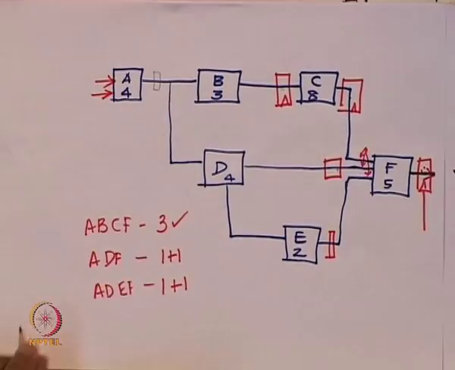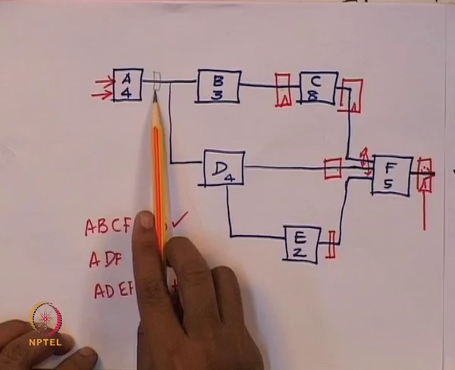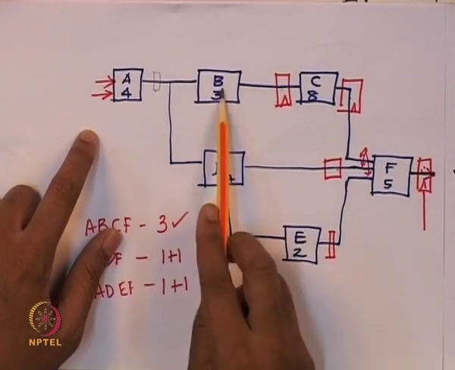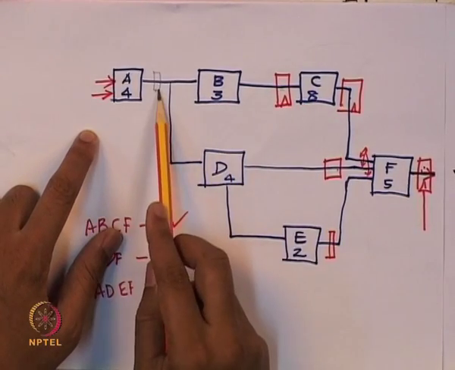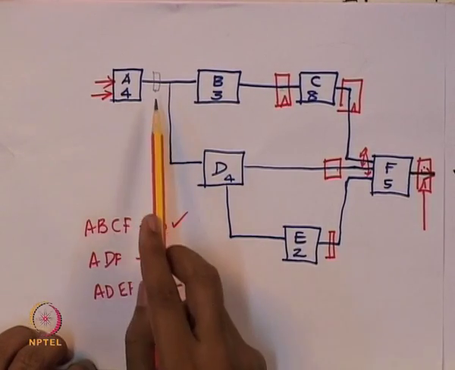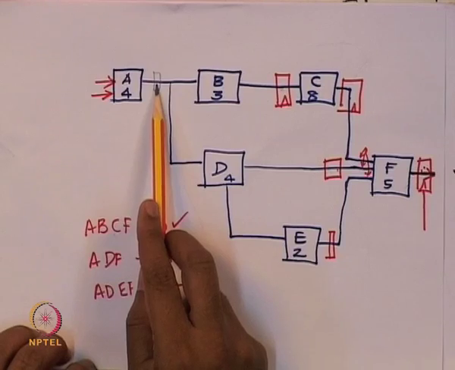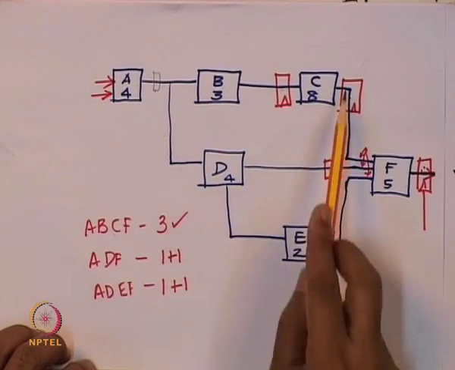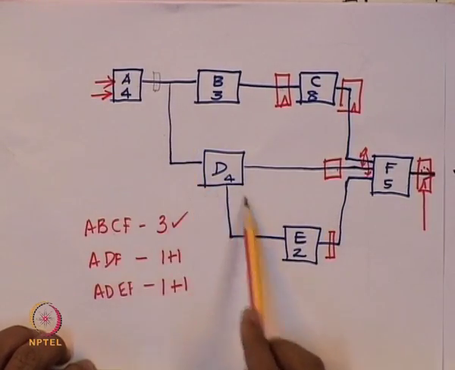So let us do that. If I put it on this one, the problem is even the path ABCF will encounter this flip flop. So ABCF is a 3-stage pipeline. Now if I put this flip flop here before the branch, that will make this 4 and the rest will become 3.